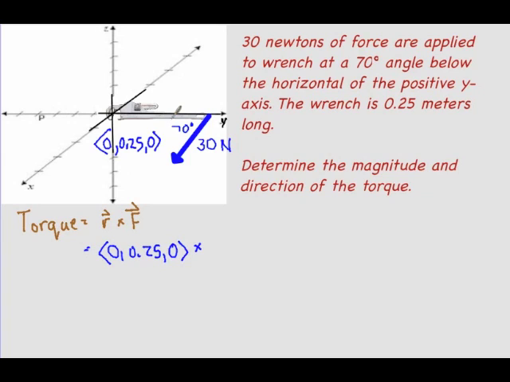So if I think about this, I can see again that my x component is 0. My y component is going to be the magnitude of the force times the cosine of the angle.